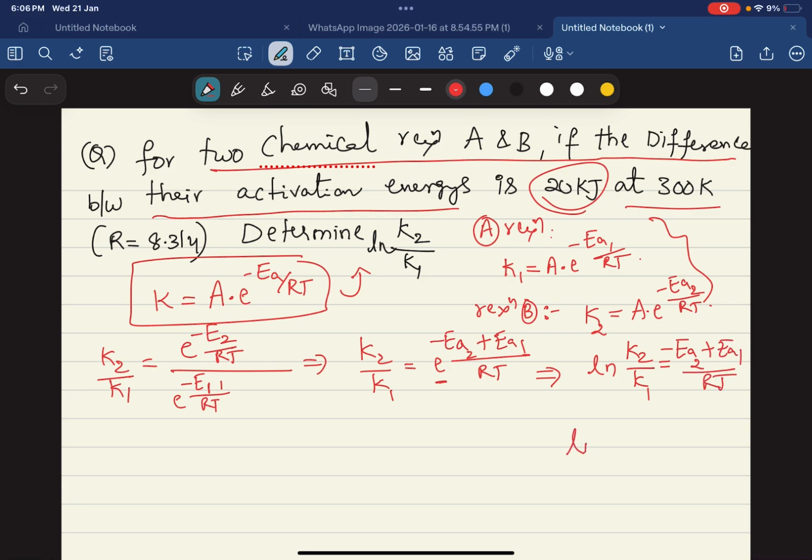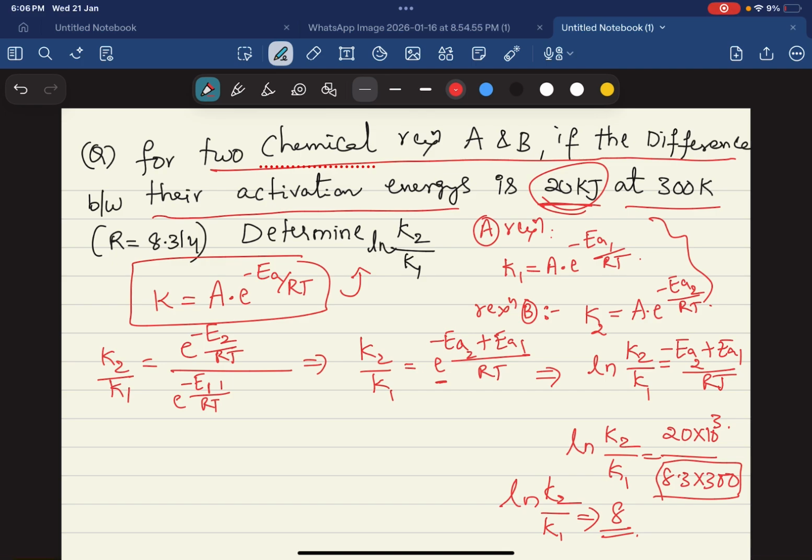Further, the 20 kilojoules they have given is the difference. So we take 20 into 10 power 3 by 8.314 into 300. This is also standard, you can just remember the direct value. If you simplify, ln K2 by K1 equals nearly 8.